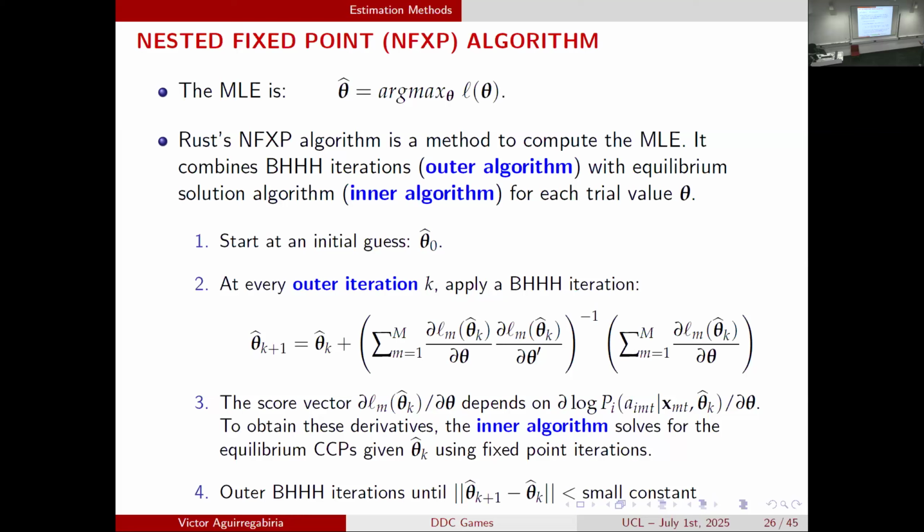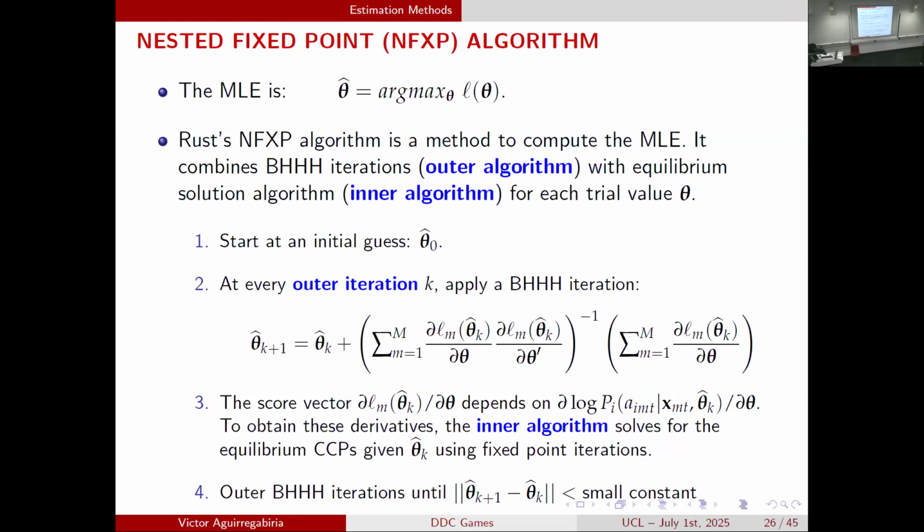That gives you new choice probabilities of all the players, but then you should go back, because the best response of player one does not correspond to the belief that the other players had at the previous iteration about the choice probabilities of player one. Then you need to iterate here until convergence, and there may not be convergence.